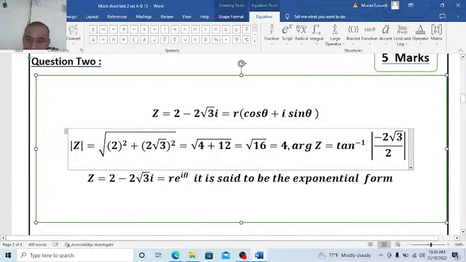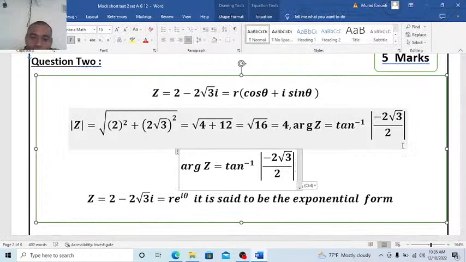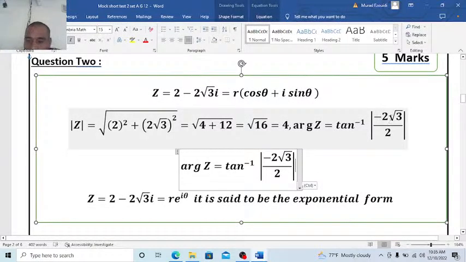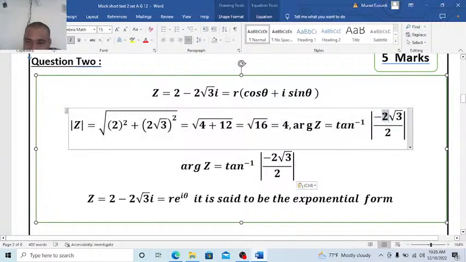This gives me the angle theta, which is equal to the absolute value of minus 2 root 3 divided by 2. After cancelling the 2s, it will be written as the square root of 3.